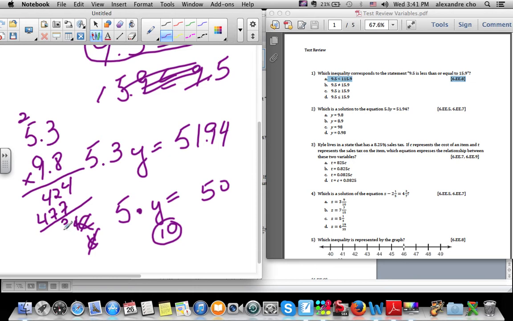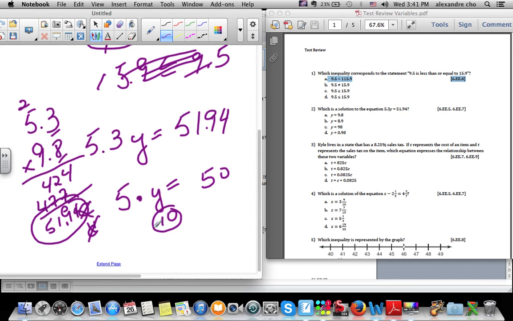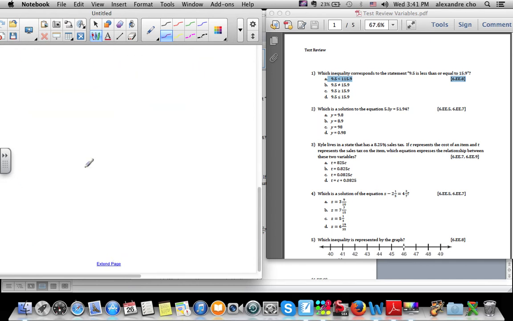Add it up: 4, 9, 1, 5. Two decimal places in the numbers being multiplied, so my answer has 2 decimal places. And guess what? A is the correct choice. So 5.3 times 9.8 is 51.94. Multiple choice. Use strategies, guys. You can eliminate a lot of things to leave you options.